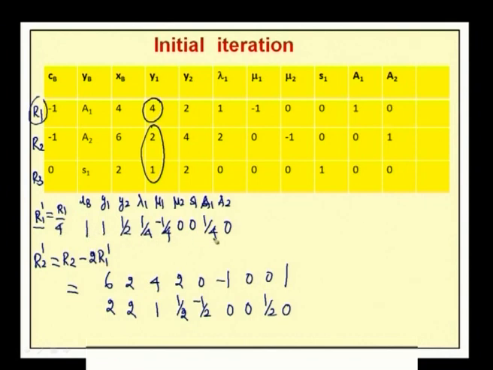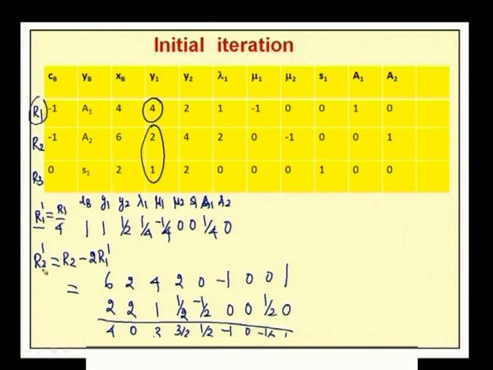By multiplying this row by 2 and subtracting 2 R1 dash from R2, we are getting the following: 6 minus 2 is 4, 2 minus 2 is 0, 4 minus 1 is 3, 2 minus 1 by 2 which is 3 by 2, then this will become minus 1, 0, minus 1.